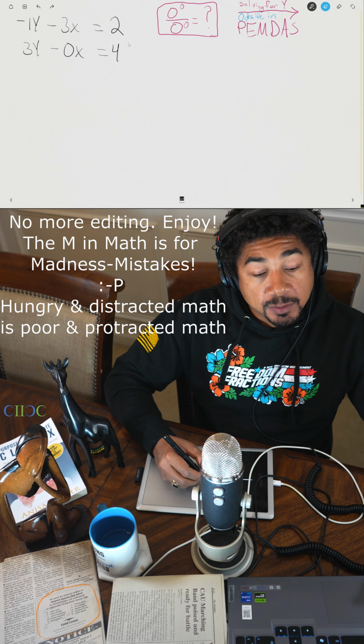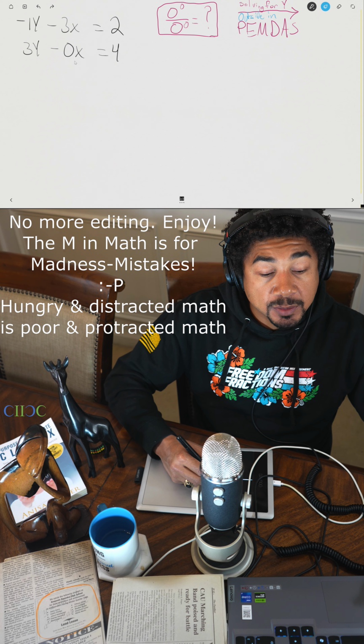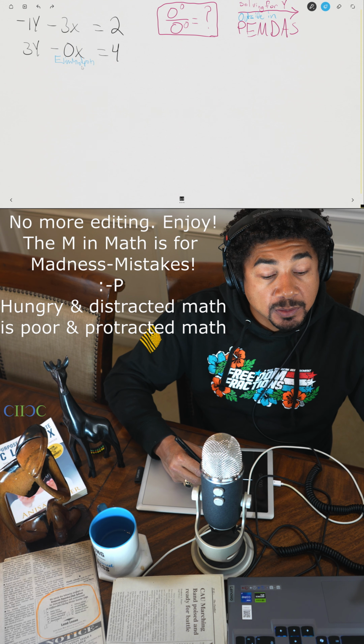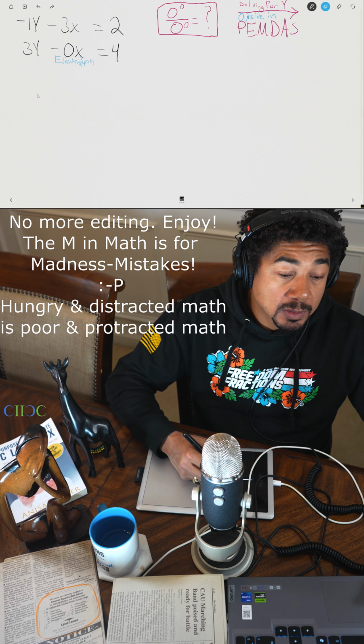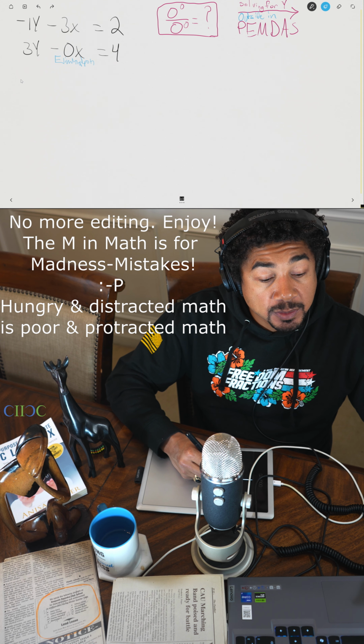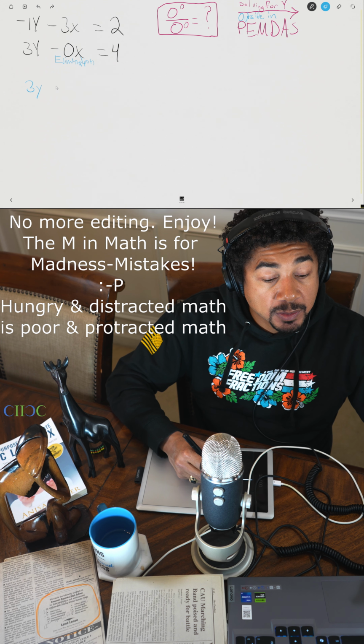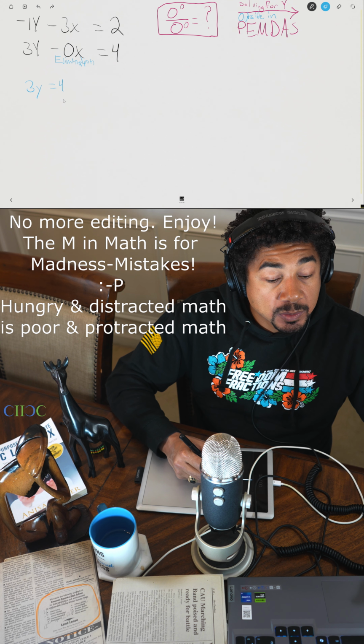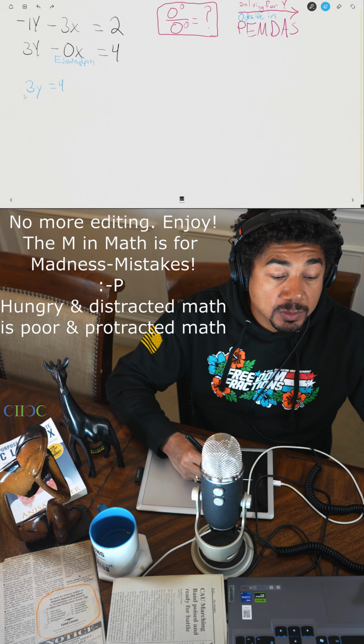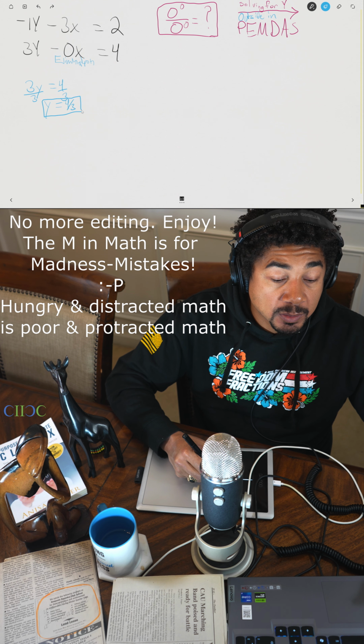So anyway, with elimination already done, then what we really have now is 3y equals 4, and you undo multiply by 3 with divide by 3, which is why I said y is 4/3, or 1 and 1/3.